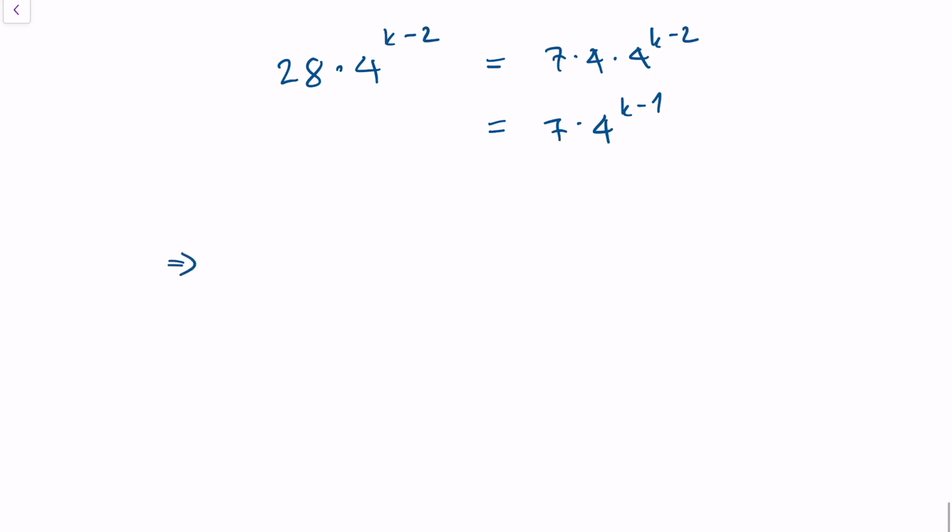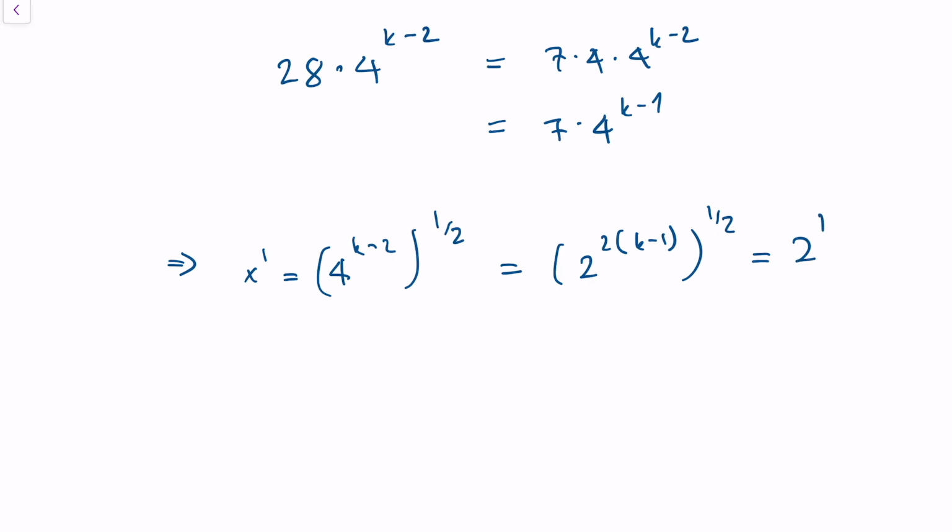So if you take the square root of it, then we will have x dashed is equal to, we said it was 4 to the k minus 2, so we take the square root of that, which is the same as 2 to the power of k minus 1. And that's equal to y dashed, which is equal to z dashed, yeah? And we said a dashed squared was 25 times 4 to the k minus 2.